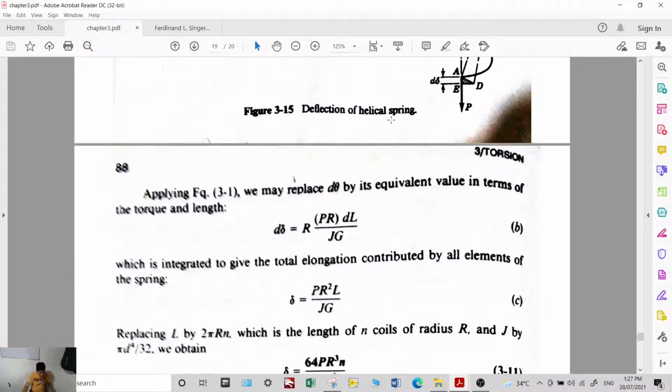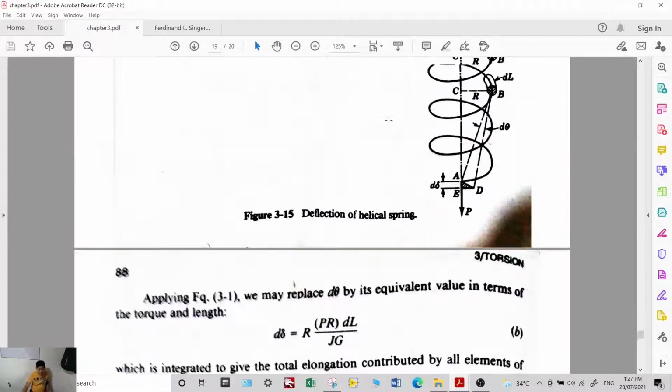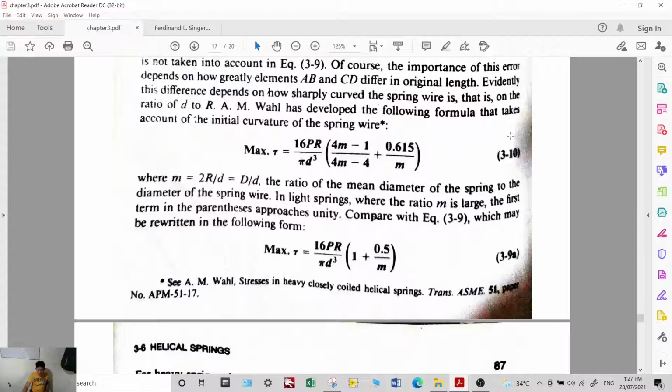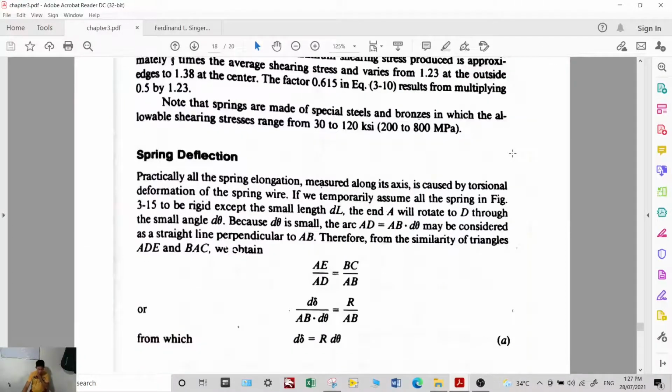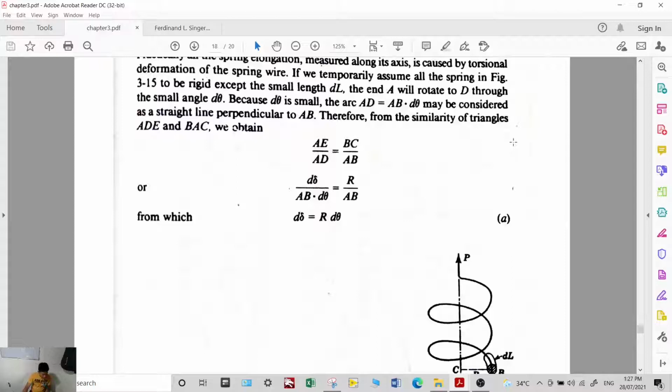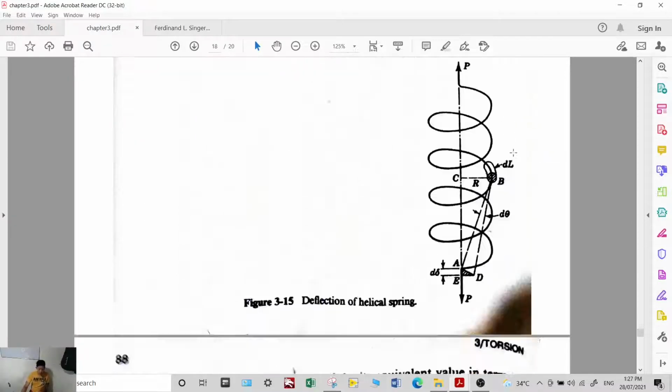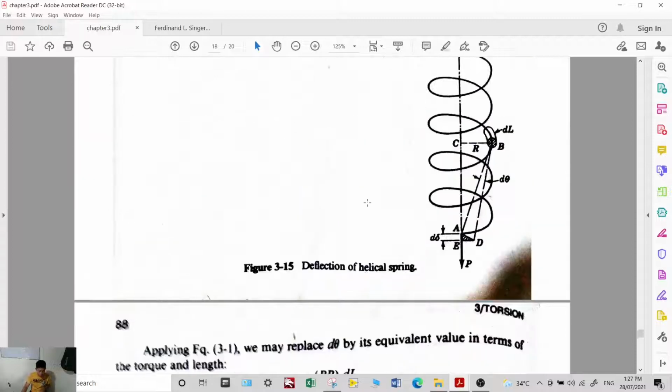Okay? And then, applying equation 3-1. So, unsa ang equation 3-1? Equation 3-1 is theta is equal to TL over JG.